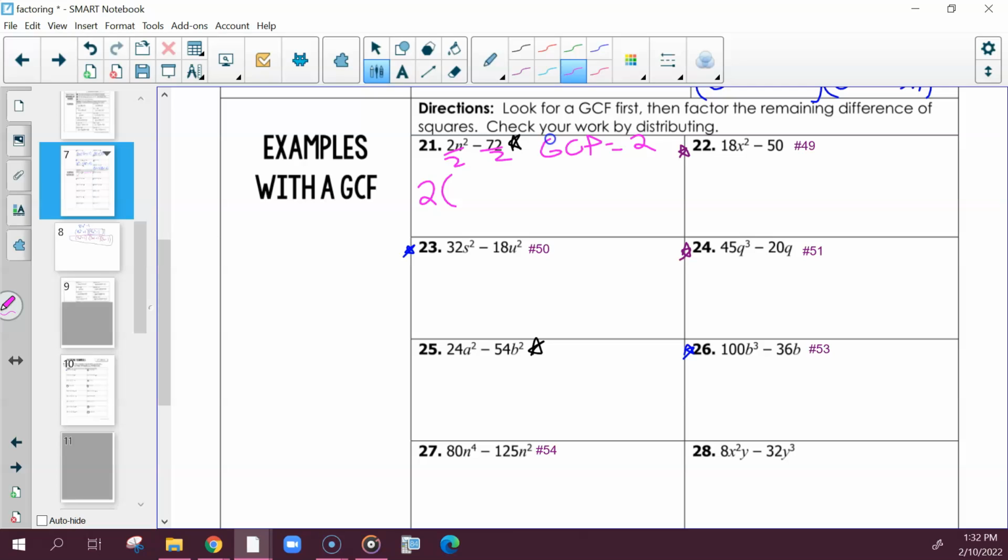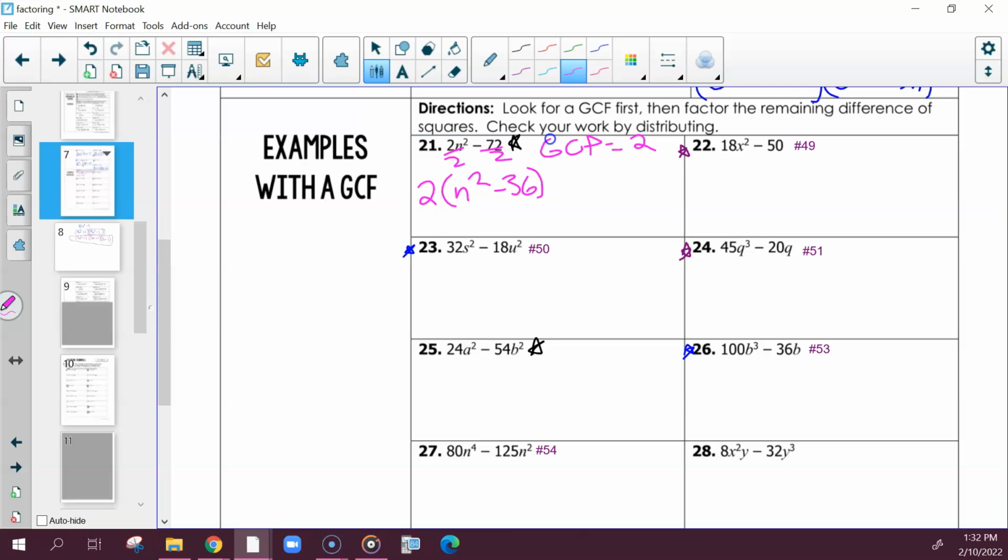If we divide these both by 2, what is left? n squared minus 36.